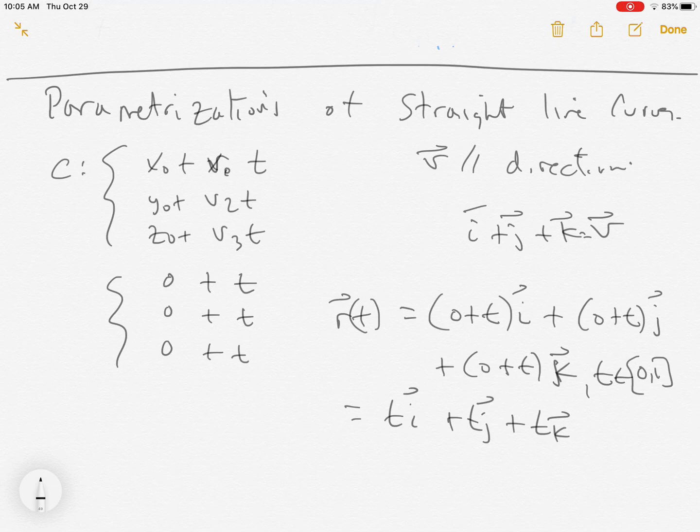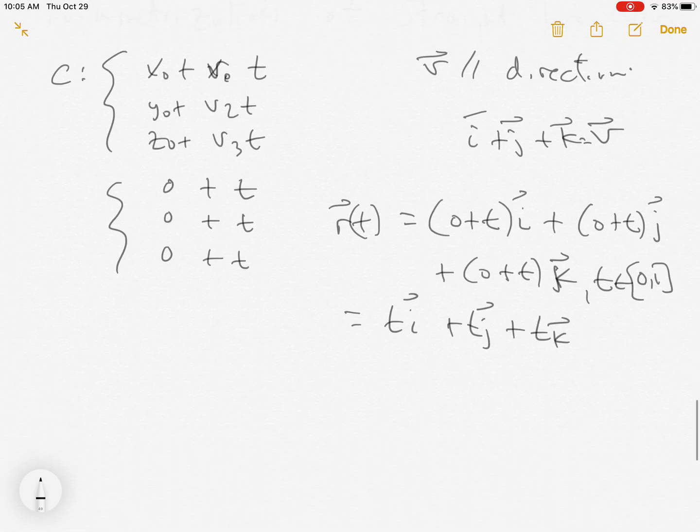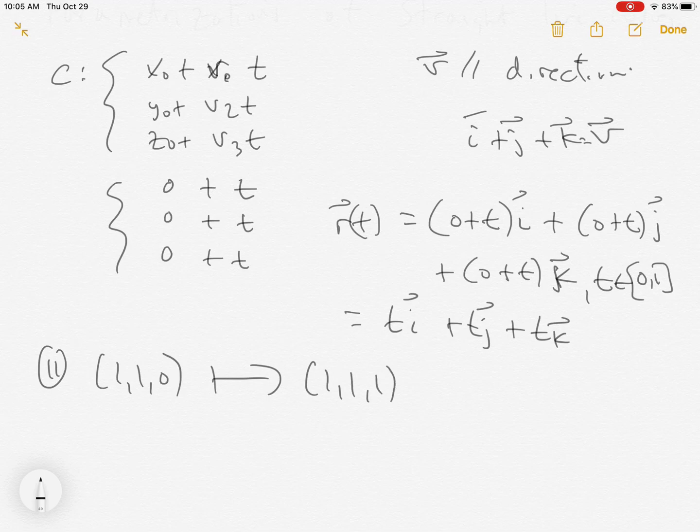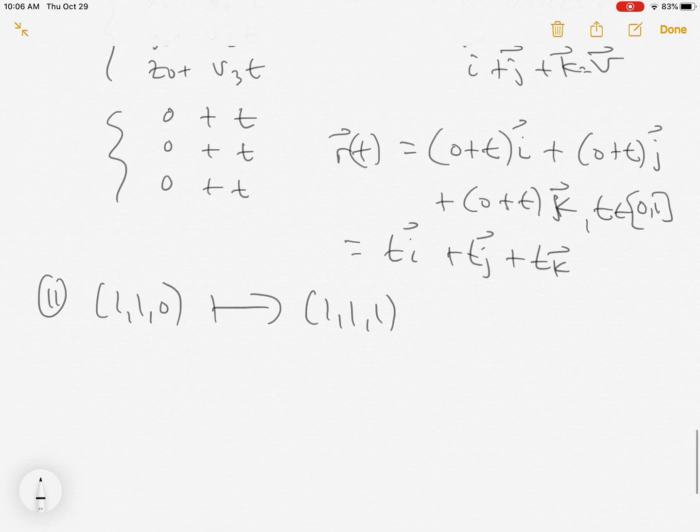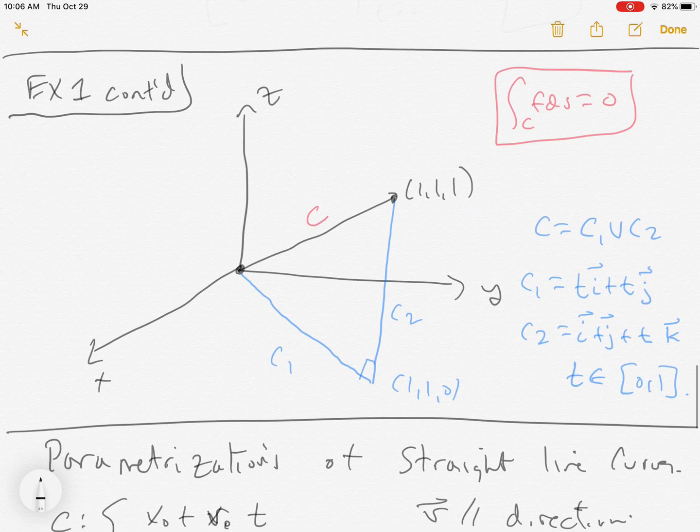So that's not really enlightening, but it gives us a start. Let's find something a little more challenging: the line segment from 1, 1, 0 to 1, 1, 1. The vector v that we want is just k, because this is C2 above here.